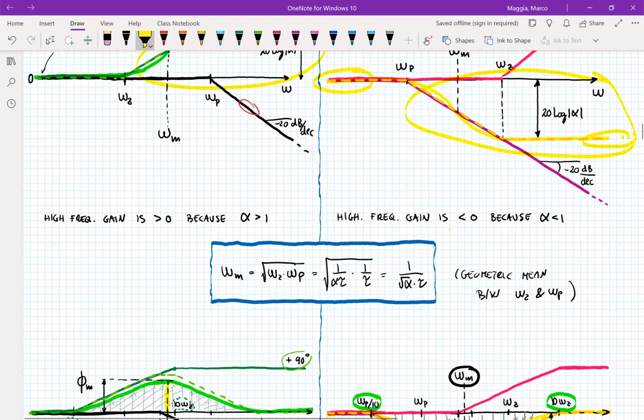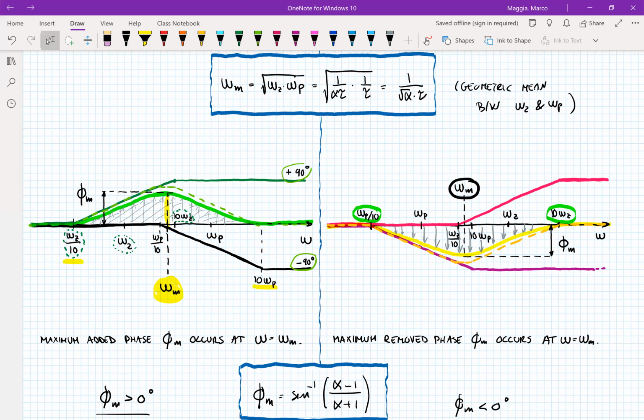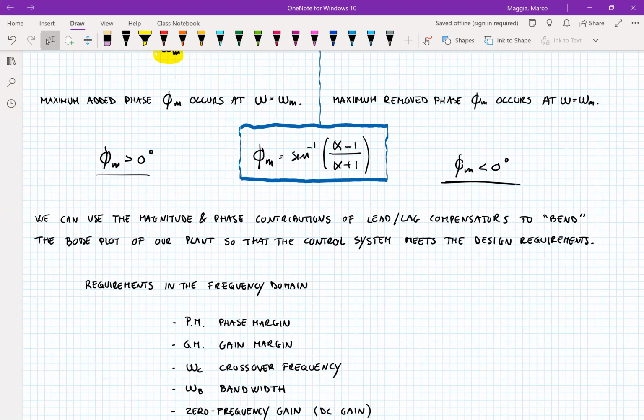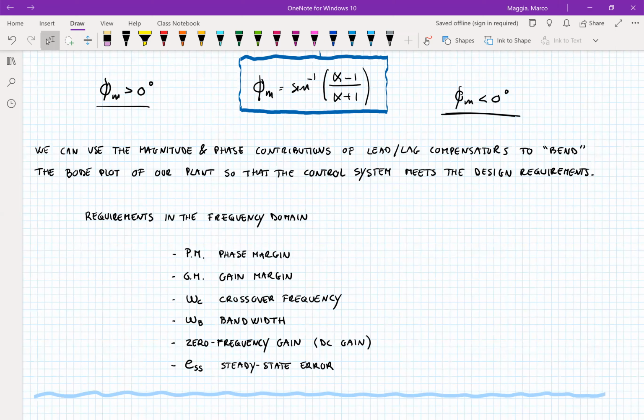So we can use these two facts, increasing or lowering the gain, or increasing or lowering the phase, to modify the response of our control system so that it will meet some desired requirements. So in the frequency domain, the typical requirements, remember before we were talking about percent overshoot, steady state error, rise time, so on and so forth.